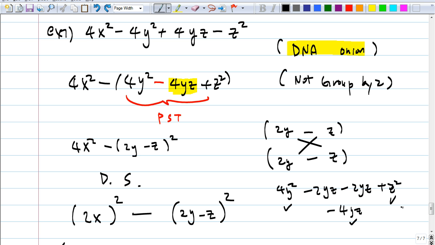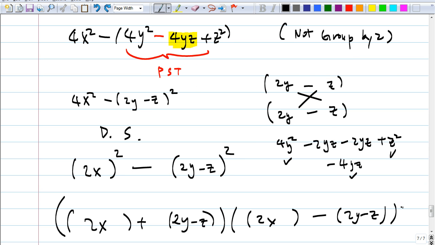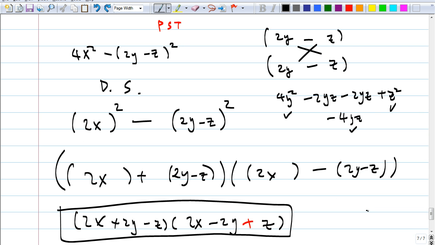Yes, 2x plus 2y minus z. That's exactly right. There's your a and b, times a minus b. You see that? Let's simplify this bit. Don't I get 2x plus 2y minus z times 2x minus 2y plus z? Yes?